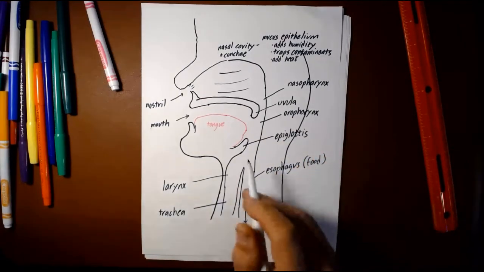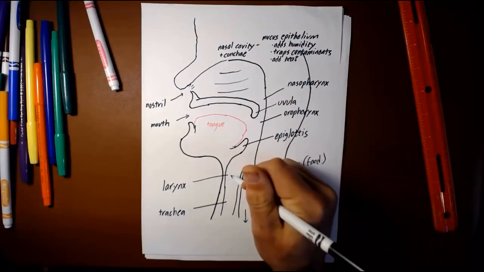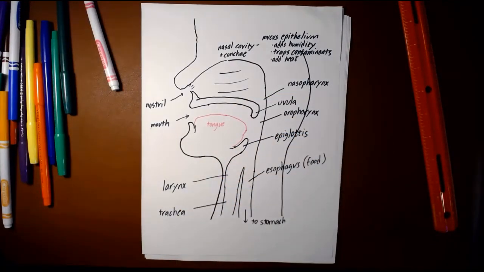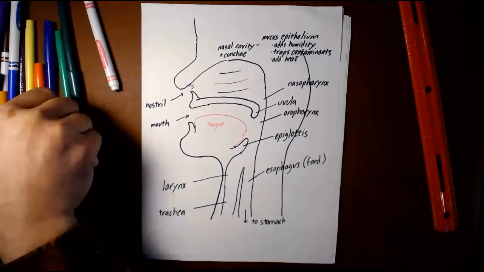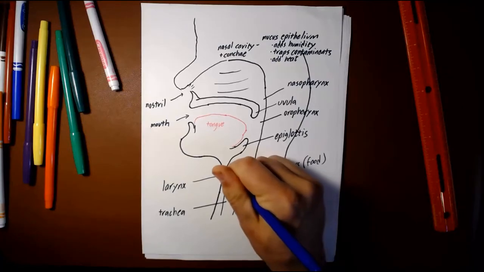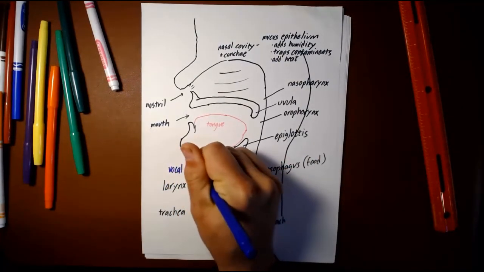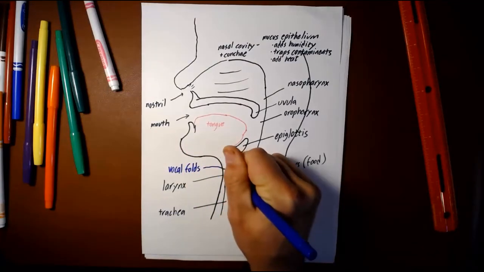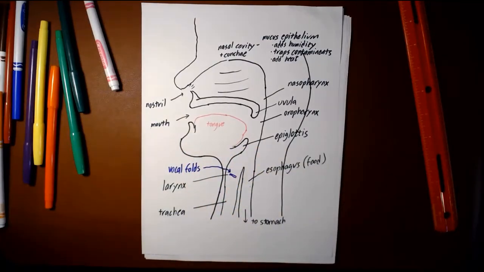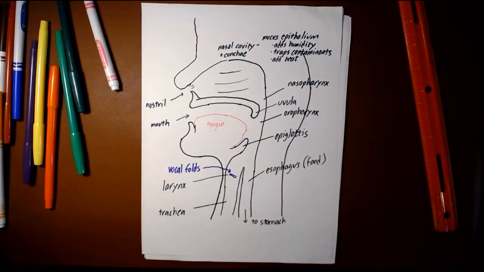Anyway, another interesting thing up in here while we're still in the upper respiratory tract is here in the larynx. This is the structure where you've got the vocal folds. These vocal folds are thin membranes covered with an epithelium that are stretched out over the air passage.